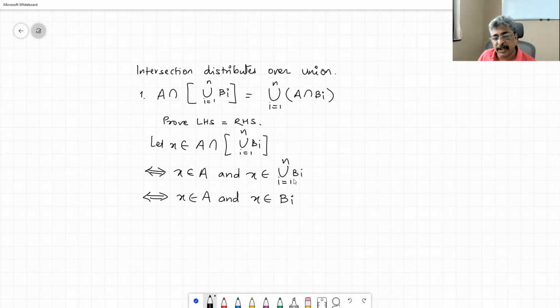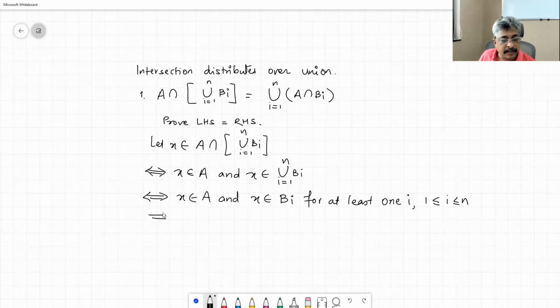Because it is in union, it should be contained in at least one B_i, or at least one i, one is less than or equal to i is less than or equal to n. Therefore, it will be included in the union. Okay, so it is in A and it is in at least one B_i.